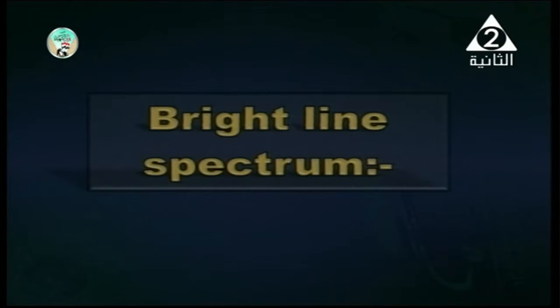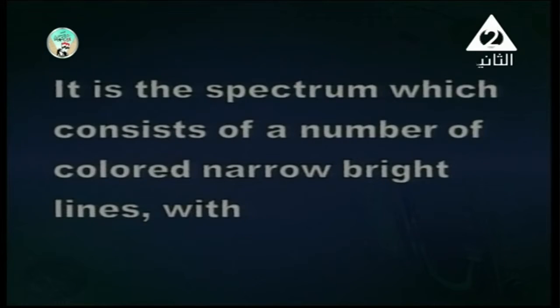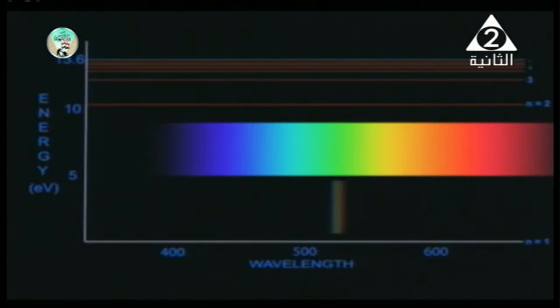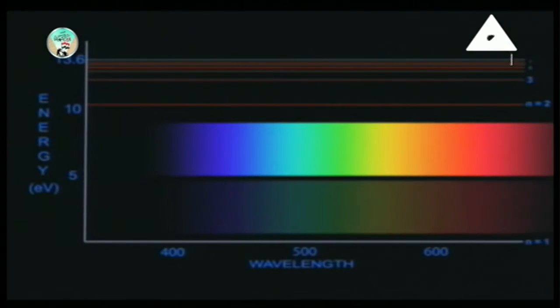And now talking about the second type of the emission spectrum, which is bright line spectrum. And this is a very important spectrum. It is the fingerprint of elements. It is the definition of bright line spectrum: the spectrum which consists of a number of colored, narrow, bright lines with wavelengths characteristic of the element which emits light against a dark background.